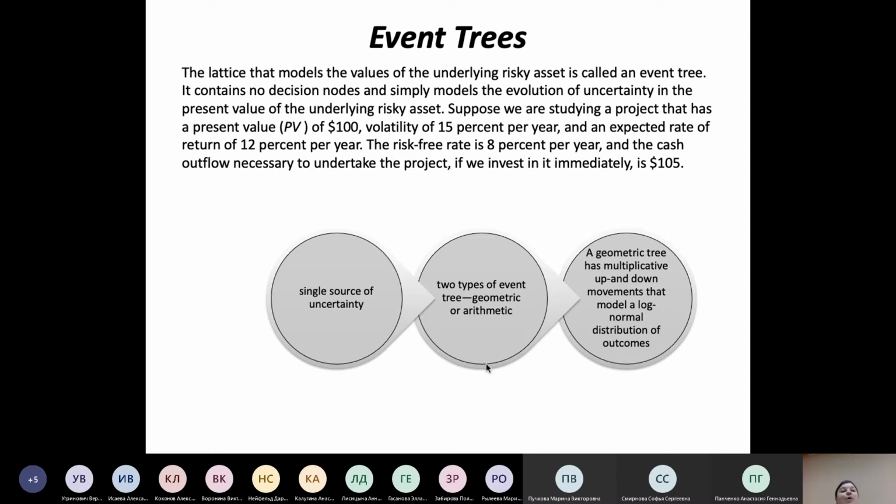In our perfect market, we can expect $100 of benefits, but if we move to conditions of uncertainty and risks, our volatility of 15% will be added to our present value of cash inflows. Expected rate of return, or cost of capital for our company, is 12% per year, and the risk-free rate is 8%.